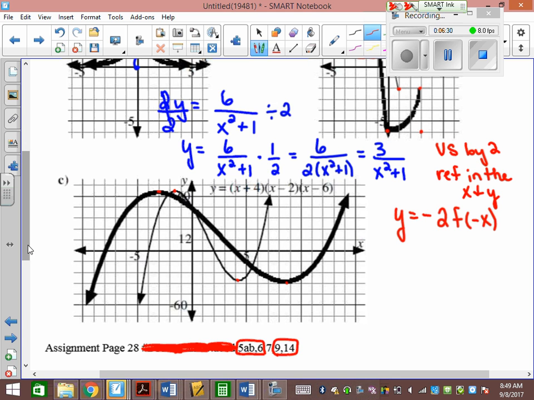It would be like 1, 2, 3, 4, 5, approximately 6. And this one looks like 1, 2, 3, 4, 5, 6, 7, 8, 9, 10, 11, oops, 11, approximately 12.